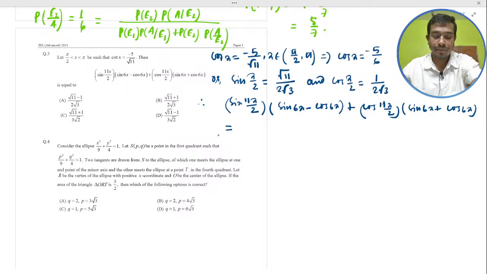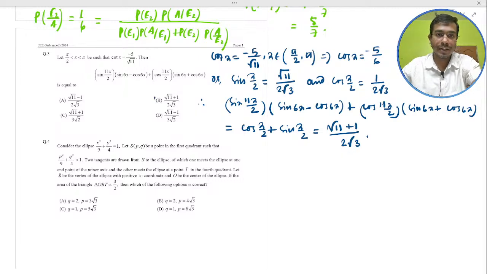Put this value. This will become cosine of x by 2 plus sine of x by 2. Put this value. You will get root 11 plus 1 divided by 2 root 3. That means option B is correct.